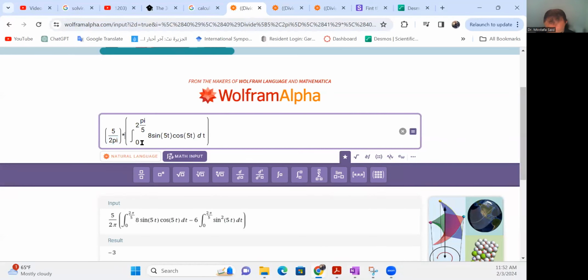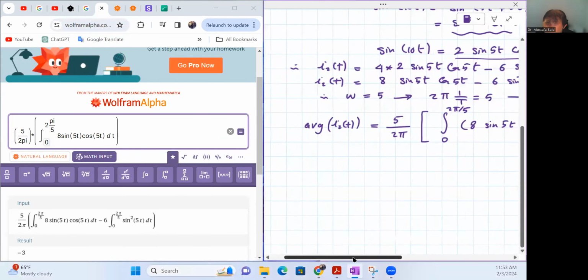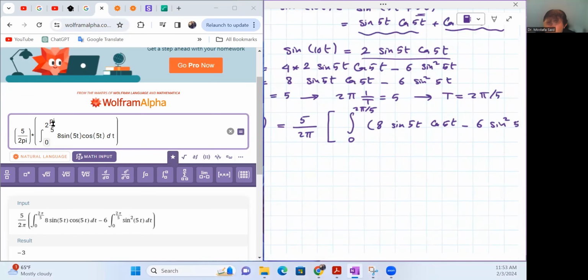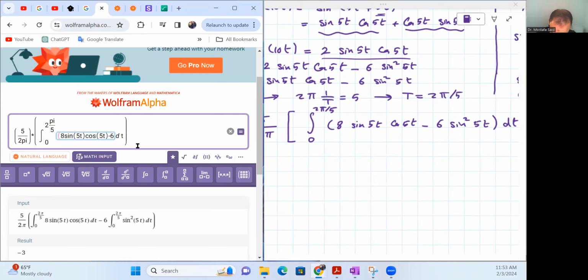Then our integral from 0 to 2 pi over 5, that's correct. The first term is 8 sine 5t cosine 5t. We have this term here, but we're going to have another term, which is minus 6, then for sine square, do it.